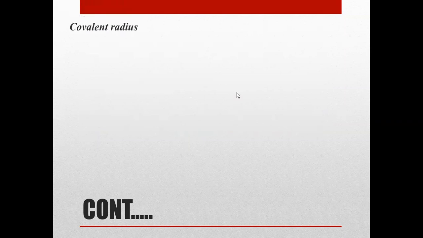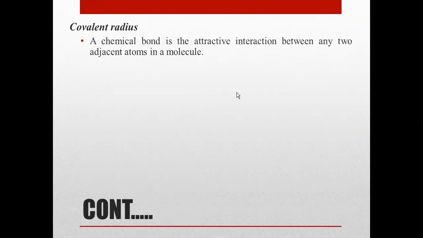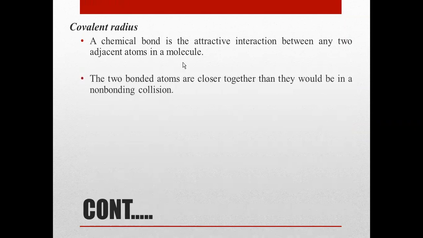Covalent radius. Actually, we talked about the van der Waals radius, that is the non-bonded one. Here, a chemical bond is the attractive interaction between any two adjacent atoms in a molecule. We are talking about adjacent atoms in an attractive manner. The two bonded atoms are closer together than they would be in a non-bonding collision, which you have seen in the van der Waals radius.